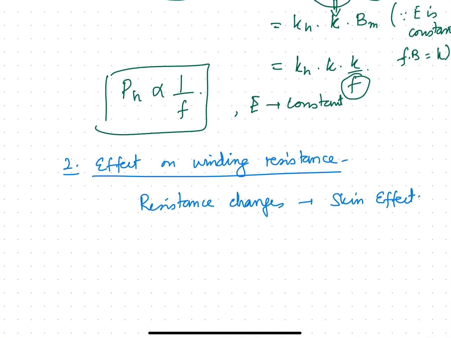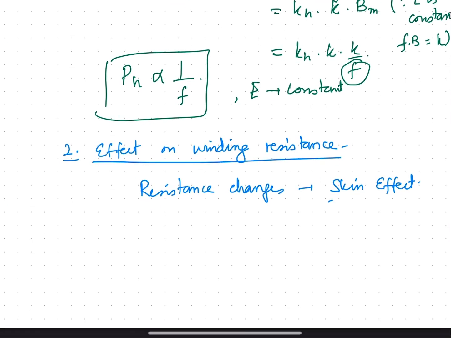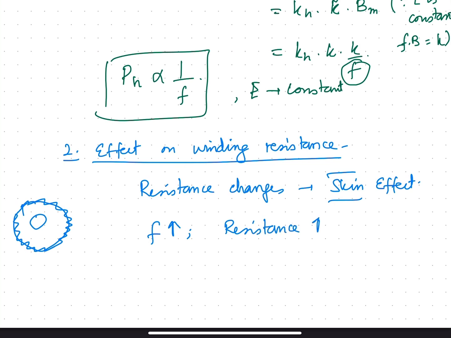When the frequency increases, because of skin effect, the current is restricted to the edge of the conductor only. You have studied skin effect. So the area of the cross section of the conductor gets reduced, and by means of that, the resistance increases. So when the frequency increases, the winding resistance increases.